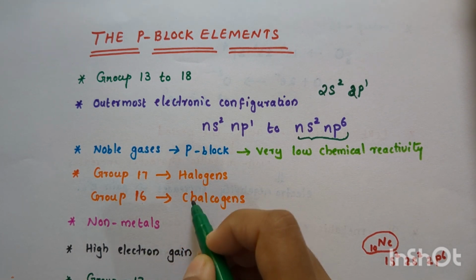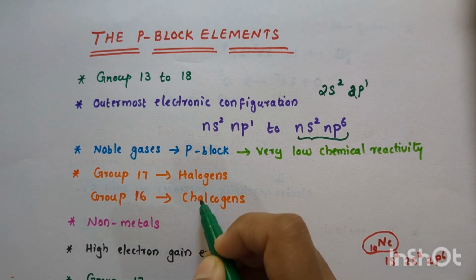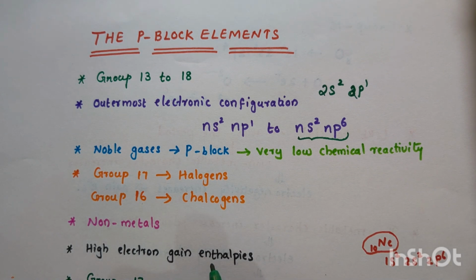That is, they have high electron gain enthalpies and readily add 1 or 2 electrons respectively to attain the stable noble gas configuration, because the stable noble gas configuration provides stability and minimal reactivity.